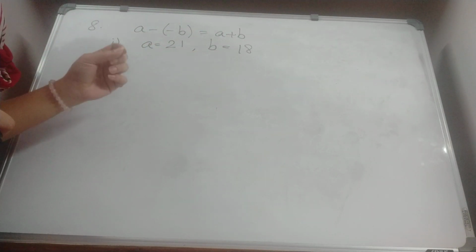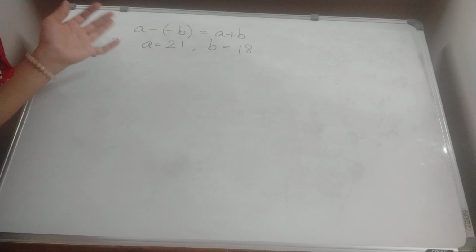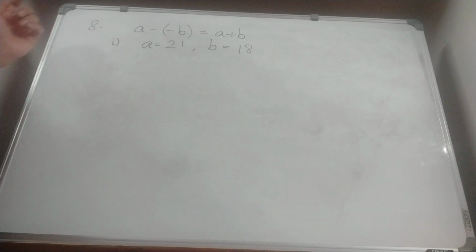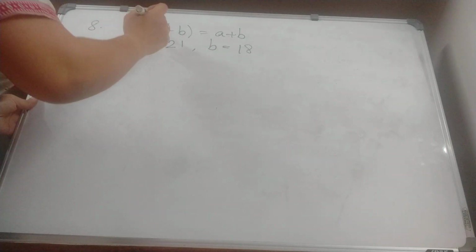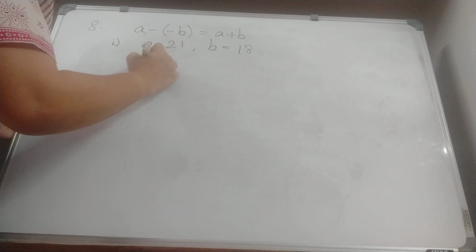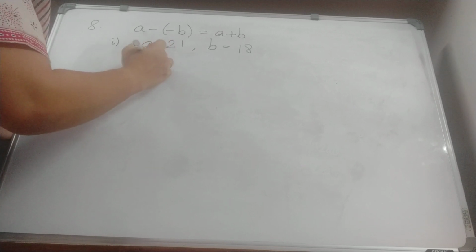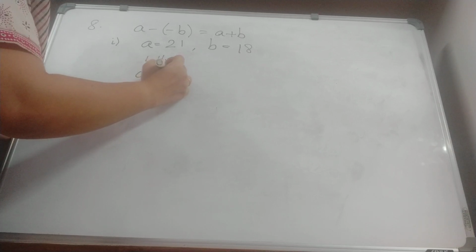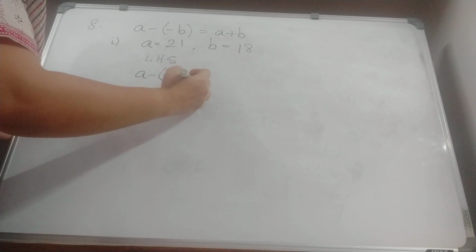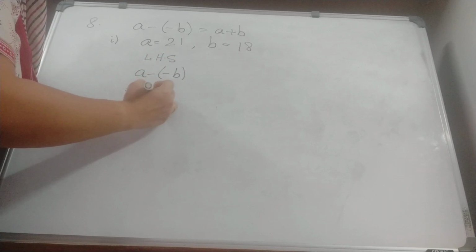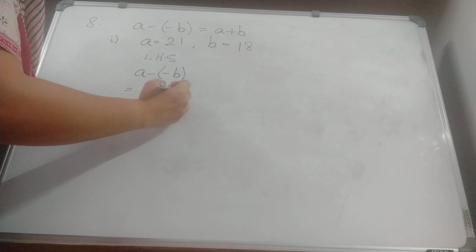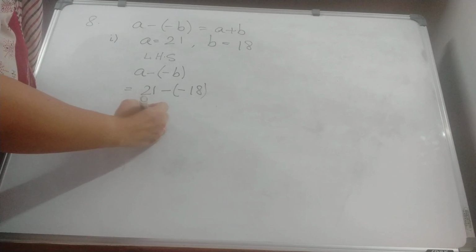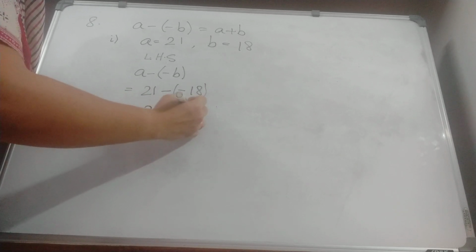Now, whenever throughout your study life you have to verify something, I think we did it in 6th also, you will always solve LHS. LHS means left hand side. So you will always just solve left hand side first, putting the value 21 plus, minus 18, which becomes 21 plus 18.